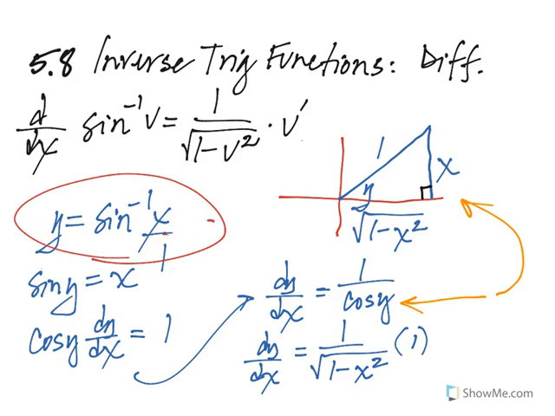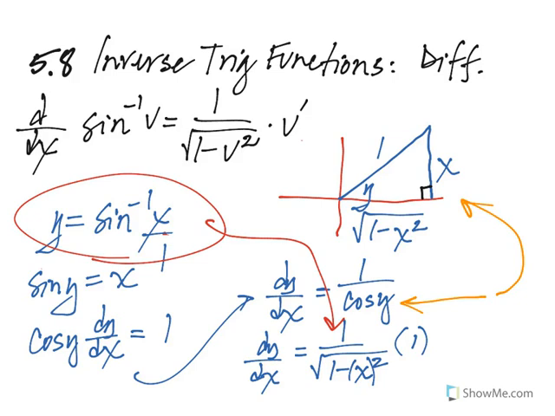I can jump straight to there using that formula. That is 1 over the square root of 1 minus what I am arc sining squared. Let me put parentheses around here, maybe to make this a little more obvious. So I'm arc sining x, that is what I'm arc sining squared, times the derivative of what I'm arc sining. In this case, it's just 1.